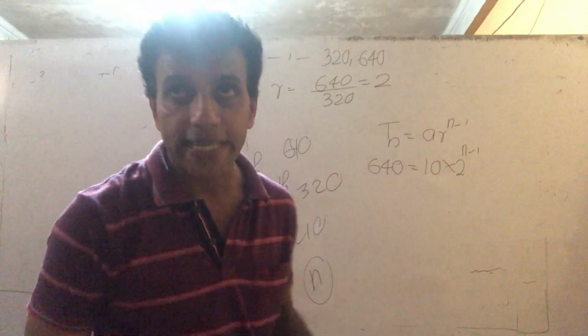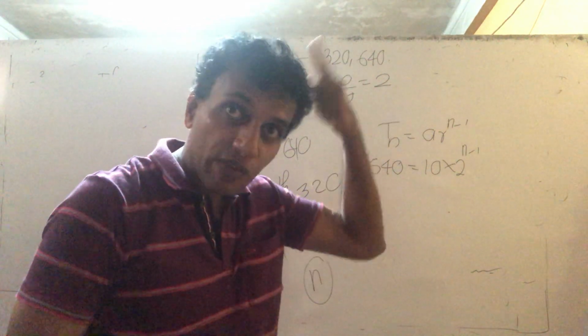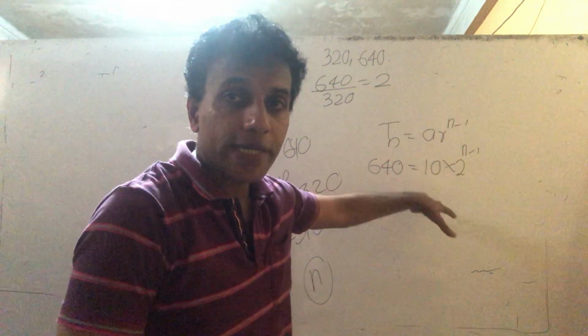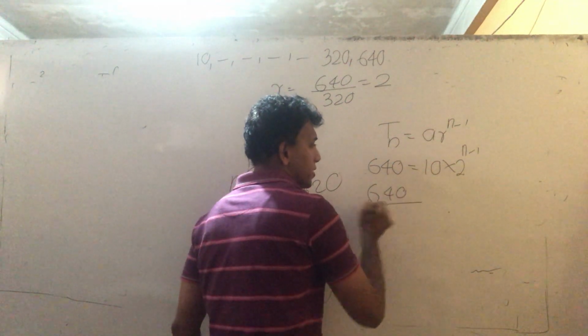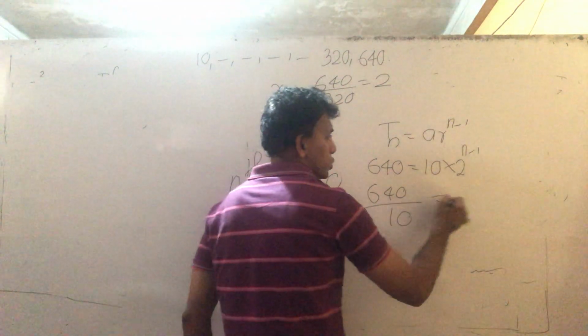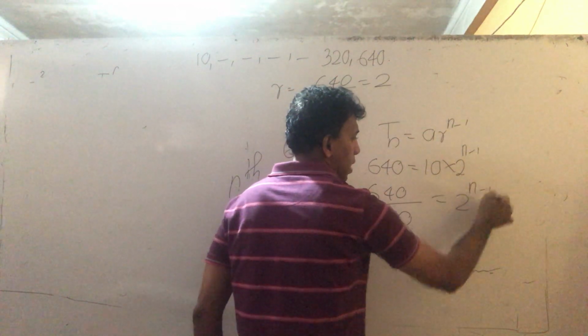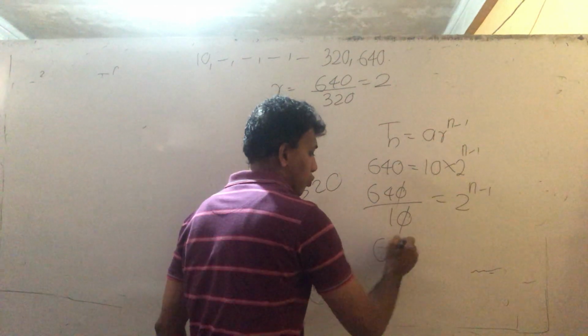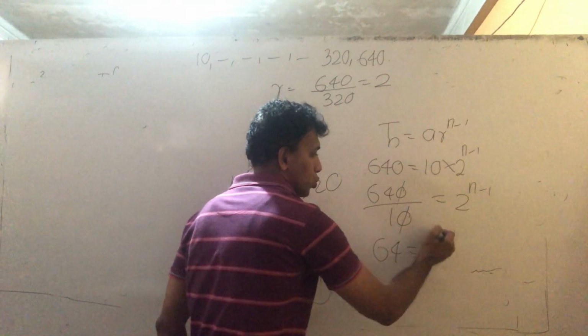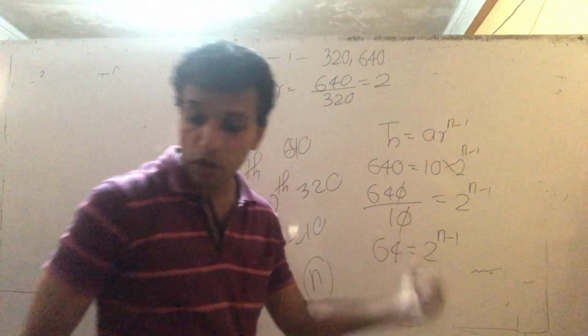Now solve this equation. We worked on a couple of such questions in earlier videos. Take the multiple 10 here and divide. 640 divided by 10 gives 64 equal 2 to the power n minus 1.